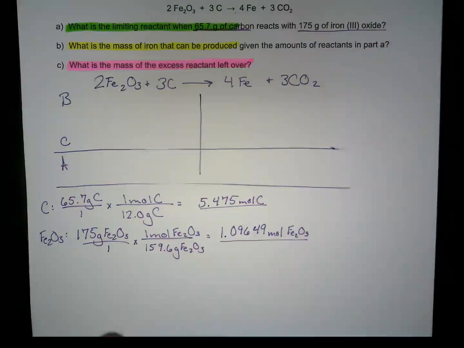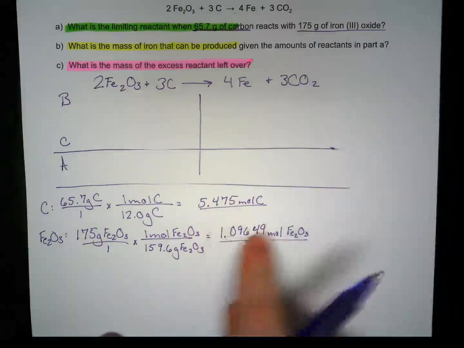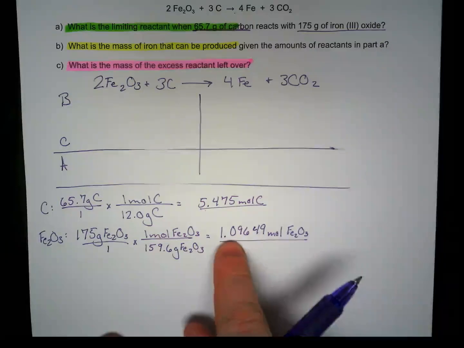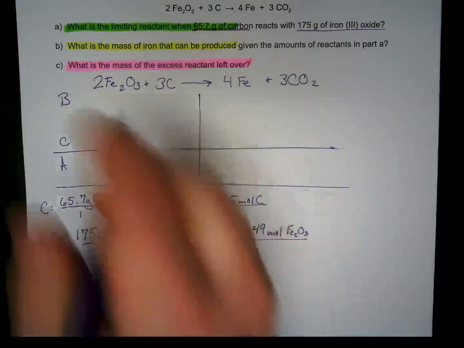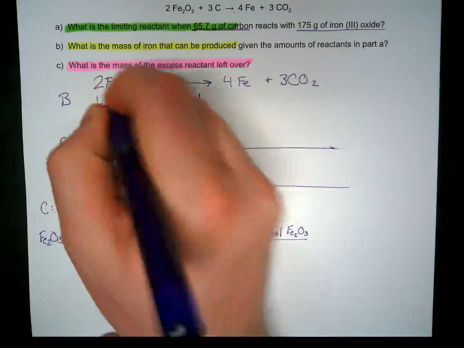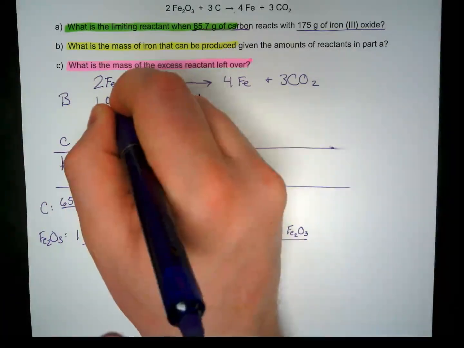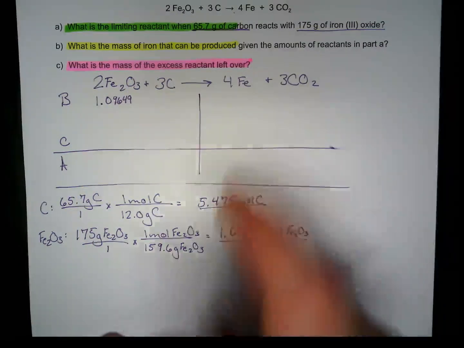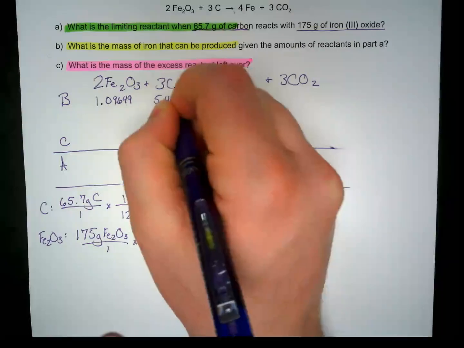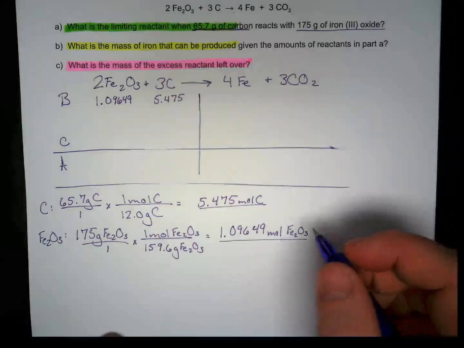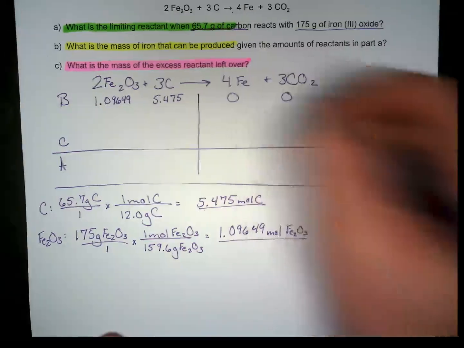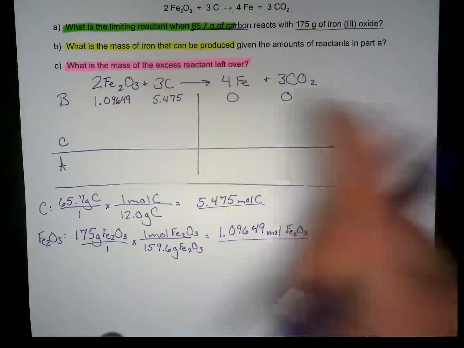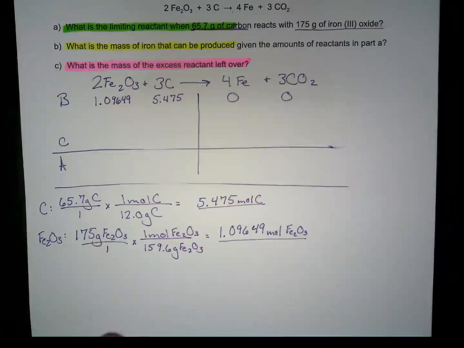So that's what we're working with. Let's slap these up top where they belong: 1.09649 moles of iron oxide in the before line, and 5.475 moles of carbon. Since it's the before line, we put zeros underneath our products.